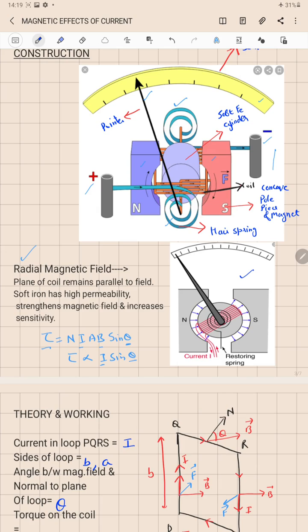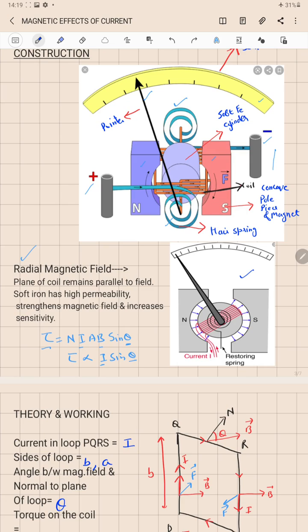As you can see in this figure, this is the external circumference of the iron cylinder, and these are the copper windings present on the iron cylinder, and the blue lines are indicating the direction of the magnetic field lines.